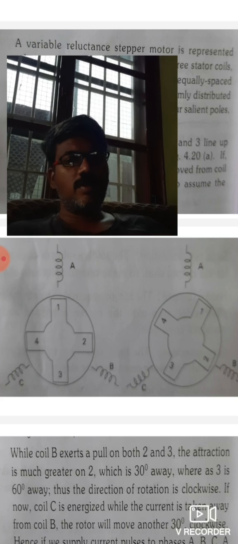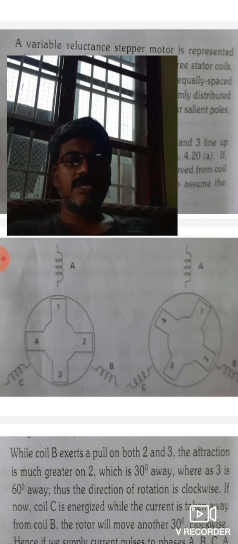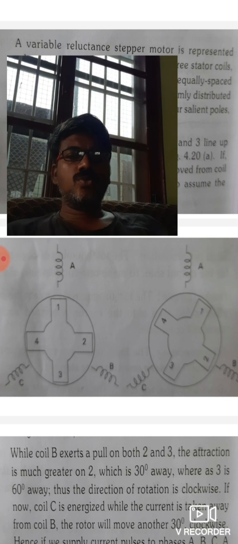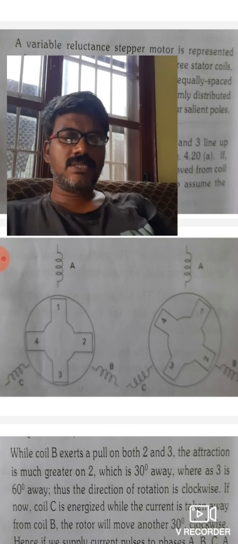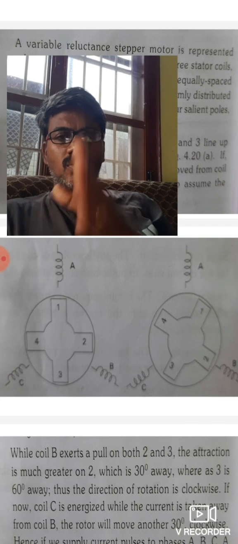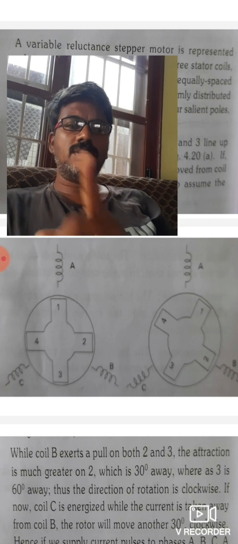Because phase A is excited, there are nearly 3 poles near phase A: one is pole 1, another is pole 2, another is pole 4.